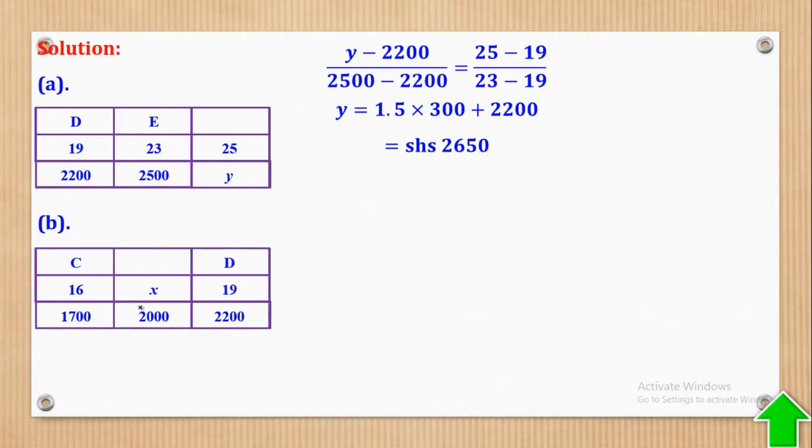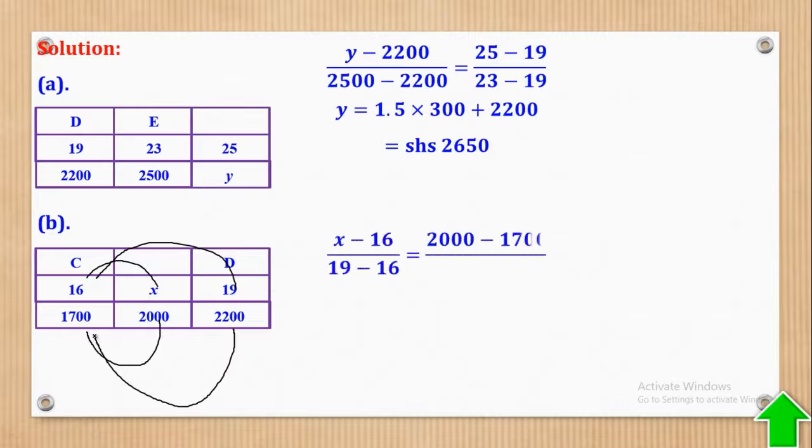After extracting out the values, we are going to use linear interpolation. Between 16 and 19, it is 16 which is smaller, so our ratio will be x minus 16 divided by 19 minus 16, equal to 2000 minus 1700 divided by 2200 minus 1700. So that gives you that.